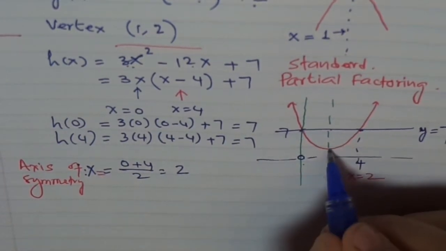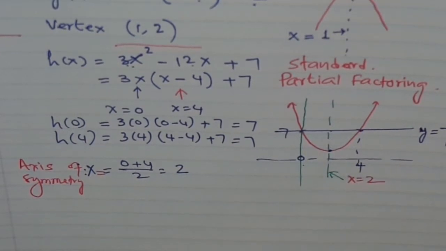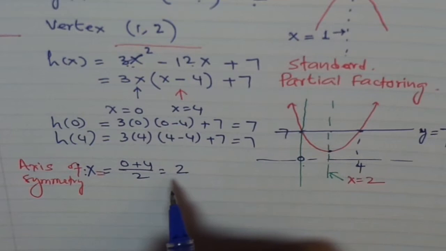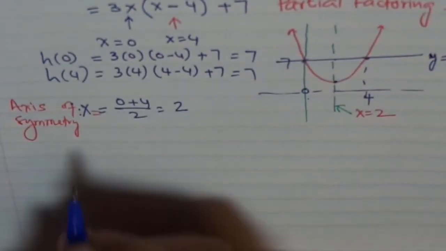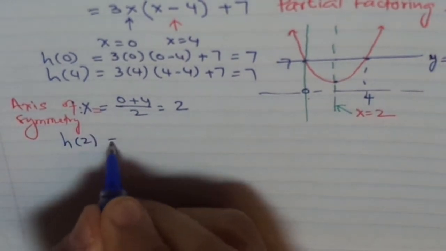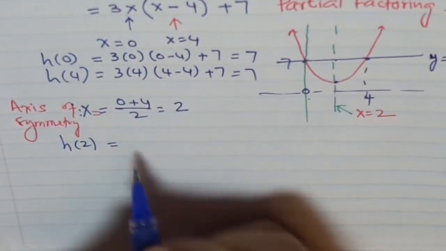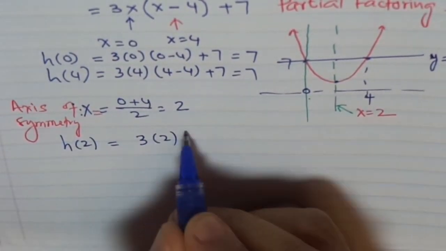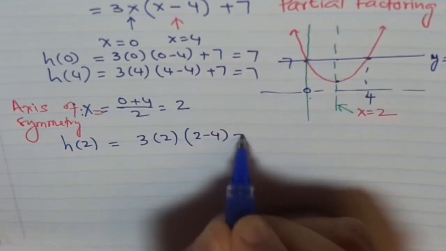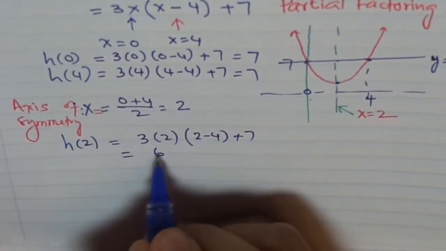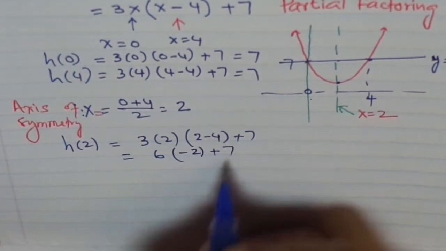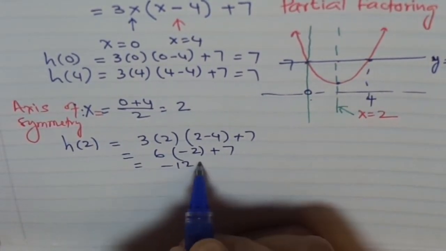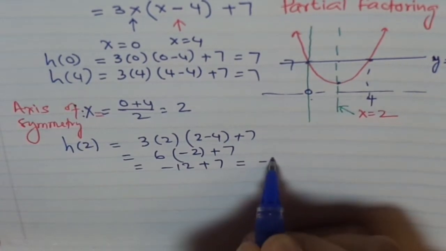And how will you find the vertex? The vertex is a point which is on the axis of symmetry. Therefore, we'll plug in this value of 2 in our function. So if I find h of 2, what will I get? I can put 2 here, so 3 times 2 times 2 minus 4 plus 7, which gives us 6 times minus 2 plus 7, which is minus 12 plus 7, which is minus 5.